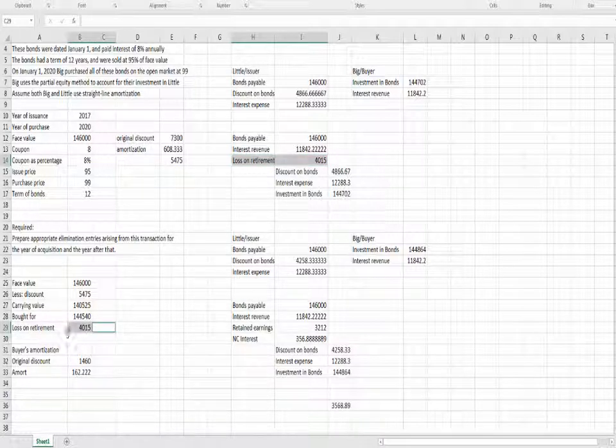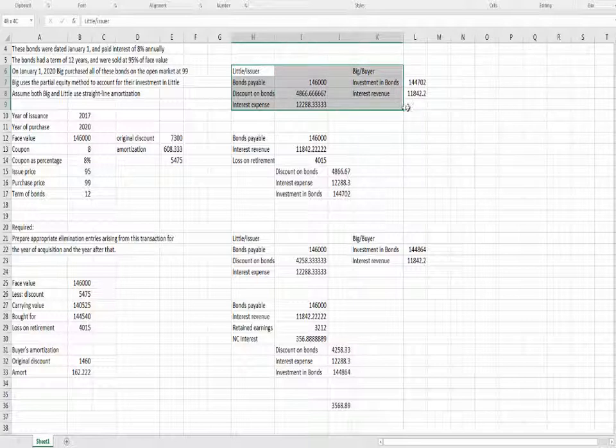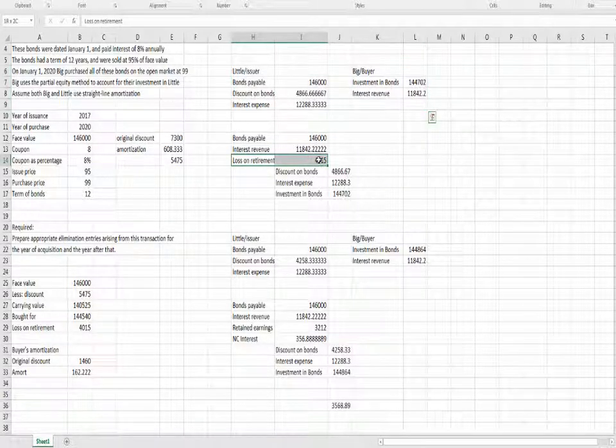So there's that benefit to calculating this loss on retirement up front. It's not necessary, of course, because by virtue of recording these amounts, that loss pops out as a plug figure. It's a nice touch to do it just to bring everything full circle, but it's certainly not necessary.